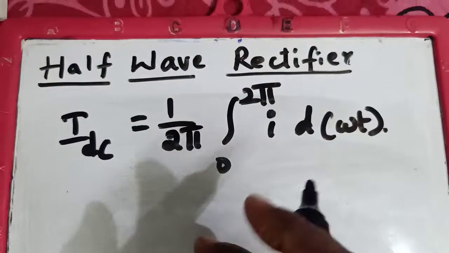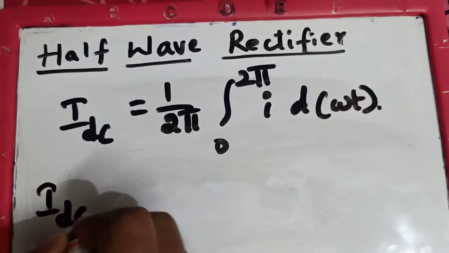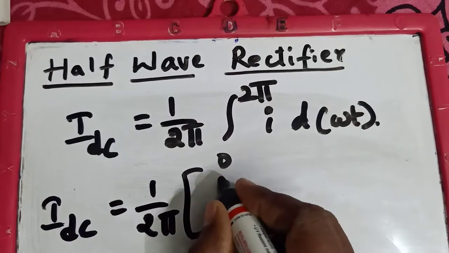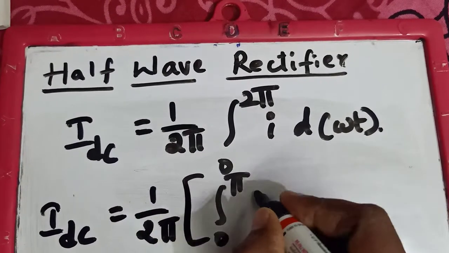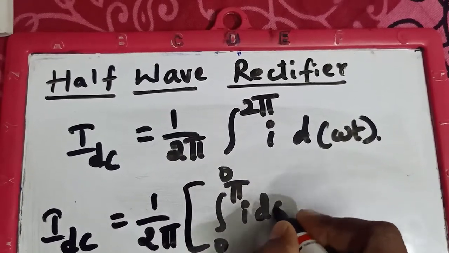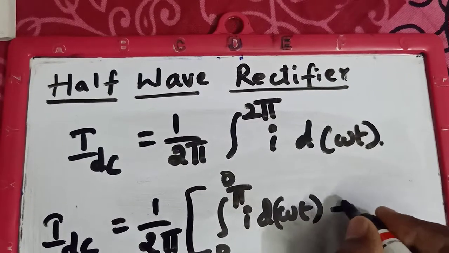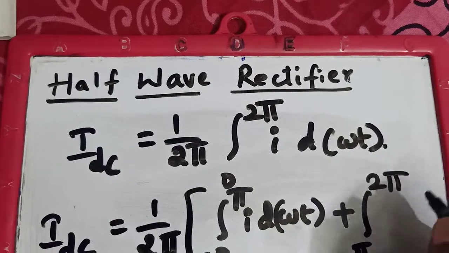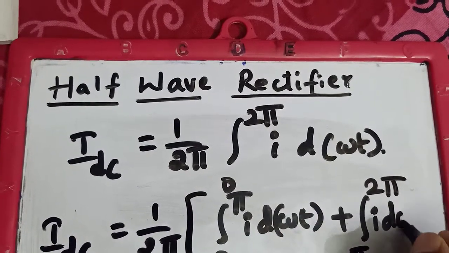We can split this integration: IDC = 1/2π times the integral from 0 to π of I d(ωt), plus the integral from π to 2π of I d(ωt).